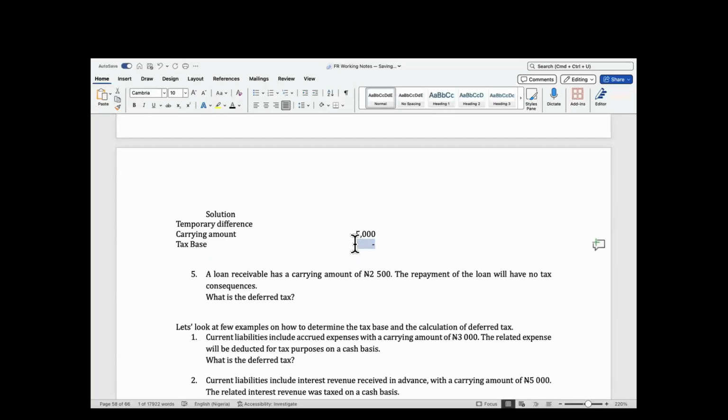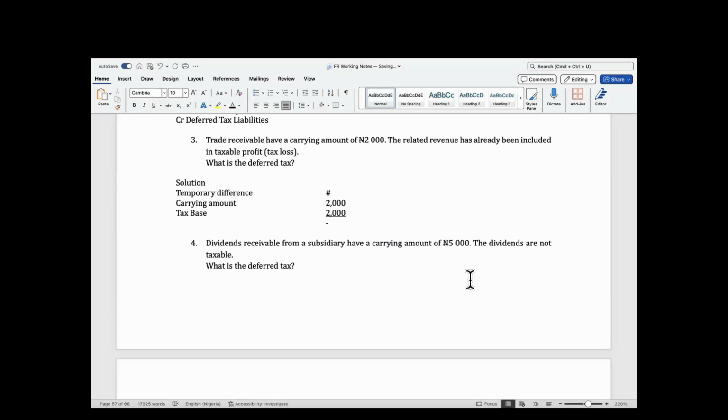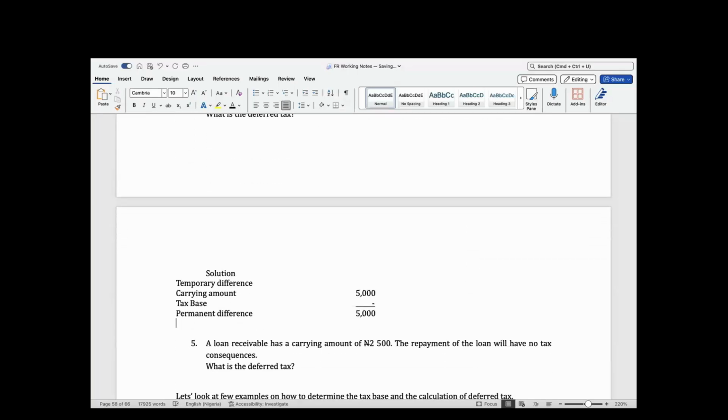So there is a difference of 5,000, but this difference is a permanent difference, because the item in question is not taxable. When you have an item that is not taxable or an item that is never allowed for tax purposes, that difference is not temporary. It's a permanent difference. And for permanent difference, there is no deferred tax consequence. Since there is no tax effect, there's no need to accrue for tax, because what we are doing is accrual for tax, recognizing the tax impact. So there is no need for that.